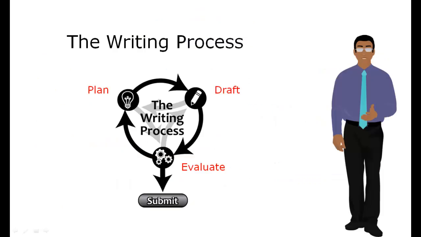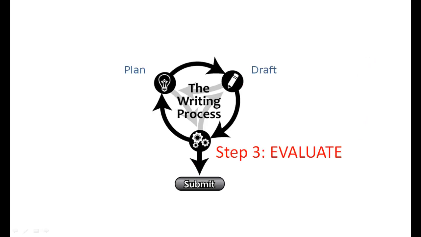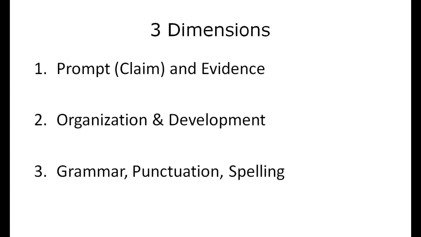The last two steps in the writing process are to evaluate and submit, and that's what I'll do next. To evaluate my argument, I'll use the scoring rubric that test graders will use. These are divided into 3 dimensions. The first scores how well the response created a claim based on the prompt and evaluated the evidence.